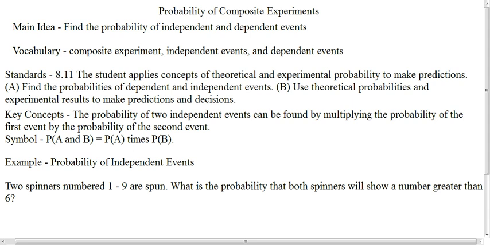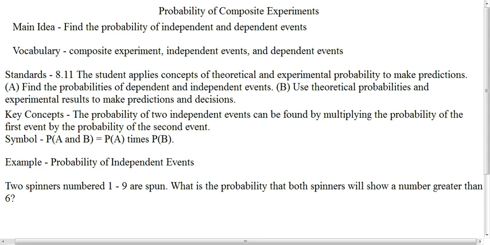And we will use the symbol: probability of A and B is equal to the probability of A times the probability of B. So all that's to say that we're going to look at two different events that occur totally independent of each other, which means what one does has no effect on what the other does, and we're going to look at those and multiply. Now let's go back and make sure that we understand exactly what we're talking about.